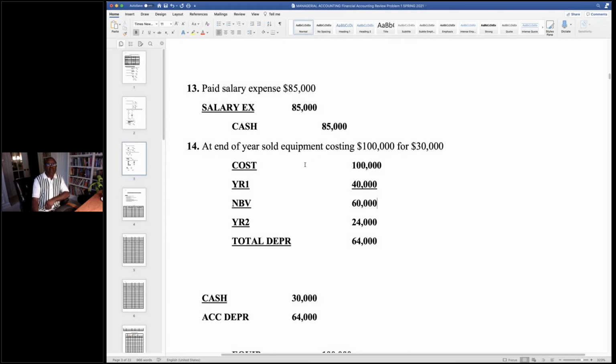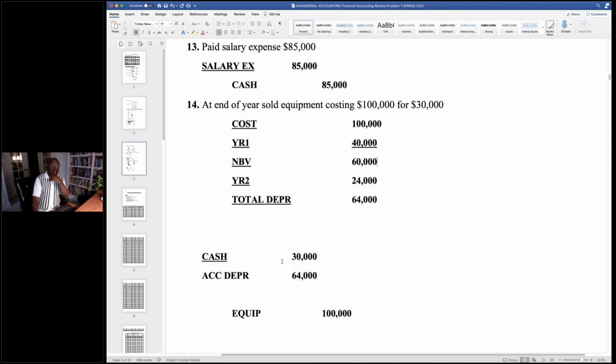So then we take 40% of the 60, we get 24. So 40% of 100, 40. Then 40% of 60 is 24. So we're writing off a lot in the first years. Straight line would be an equal amount each year.